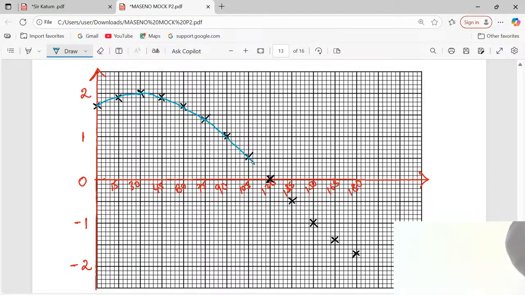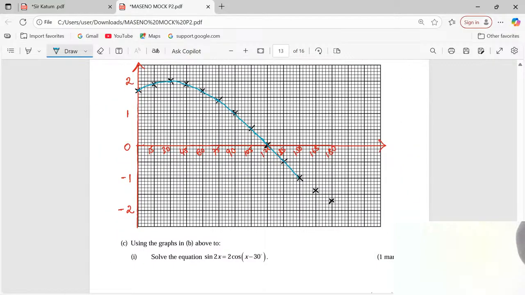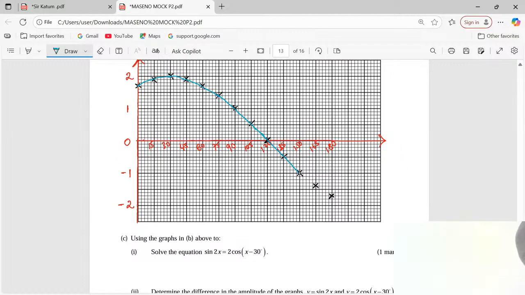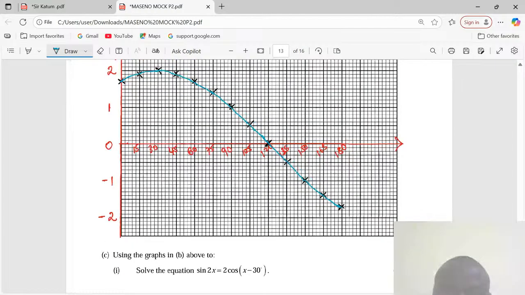A very smooth curve. This is what I expect in your paper, in the KCSE. I'm going to translate a certain quote for you. It's good for you to do some good work sometimes. There is a quote in our mother tongue that says, good handwriting earns marks even when you are wrong.